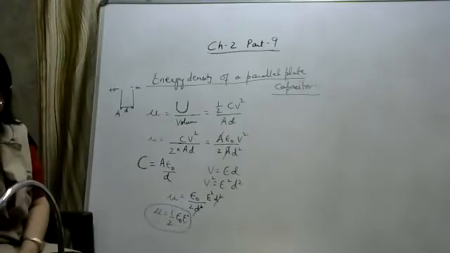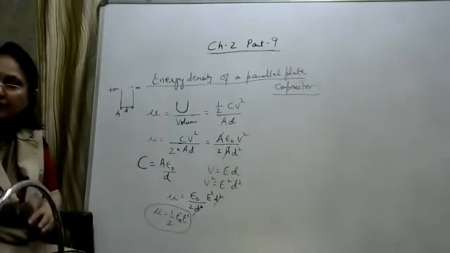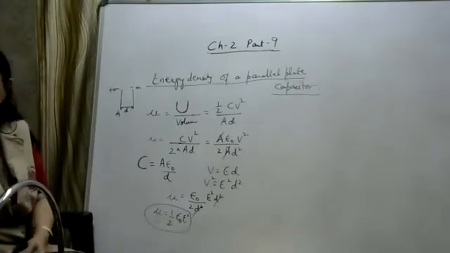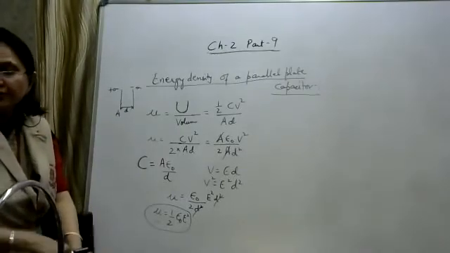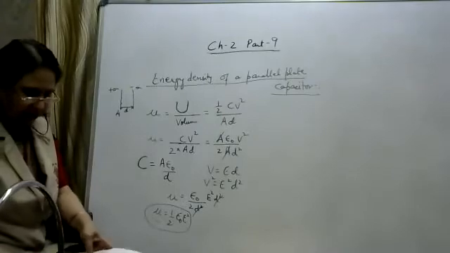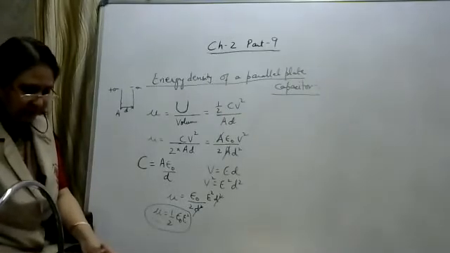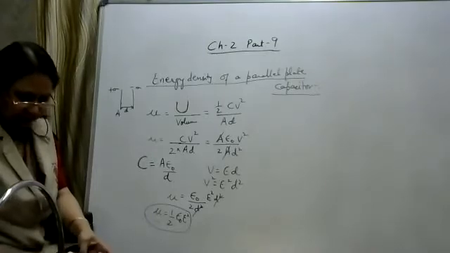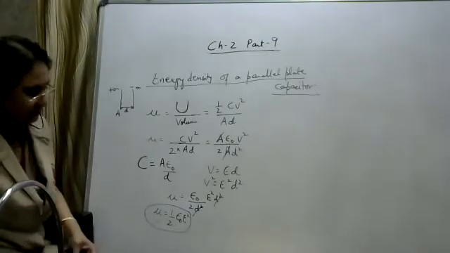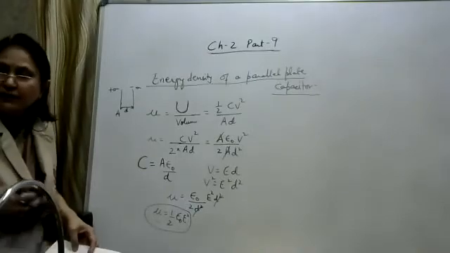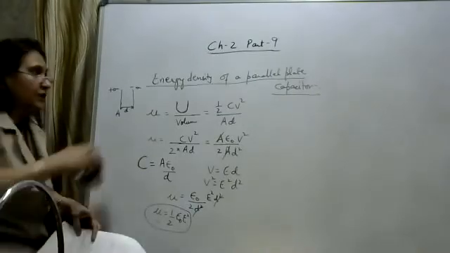Okay, write a question. So here we have found out the energy stored and the energy density of a parallel plate capacitor. Now write one question. Write down net capacitance, that is, equivalent capacitance.